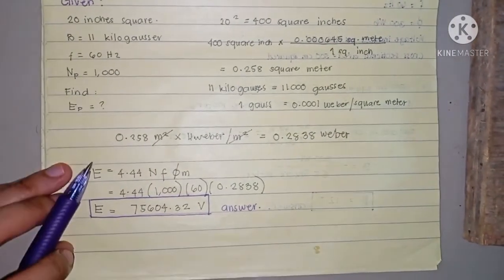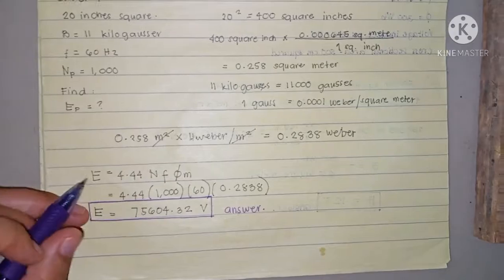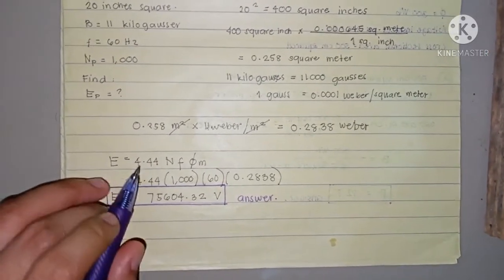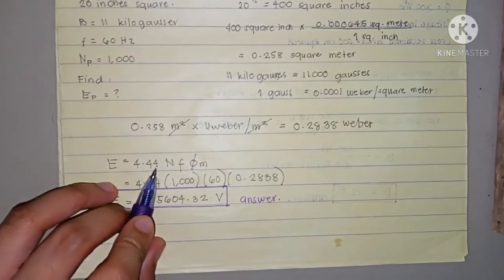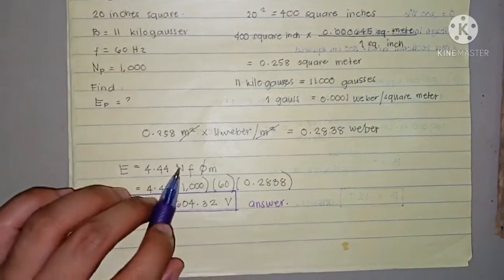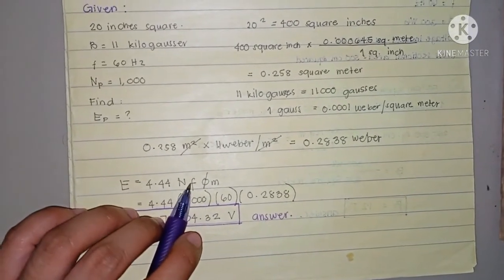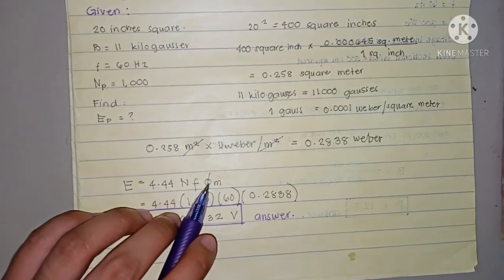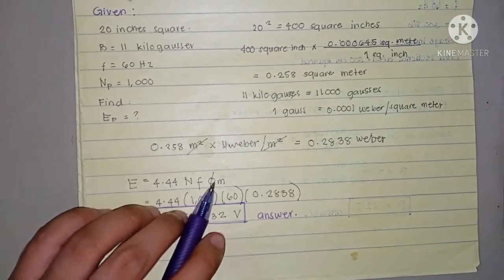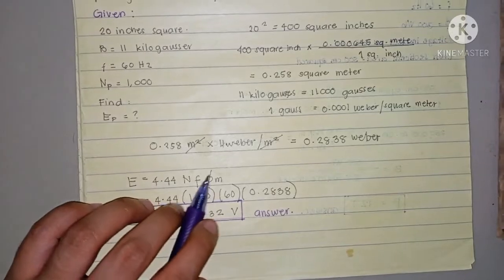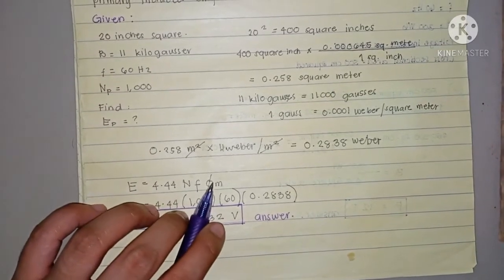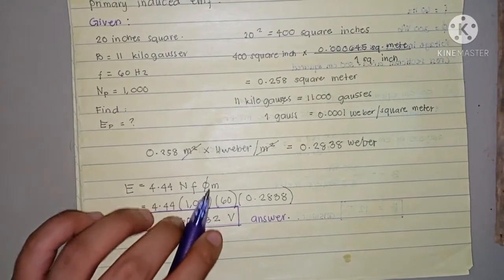We are given the formula, which is EMF is equal to 4.44 times N, the number of turns, times F, the frequency, times the maximum flux. The flux we already obtained, and the unit for this one is Weber.